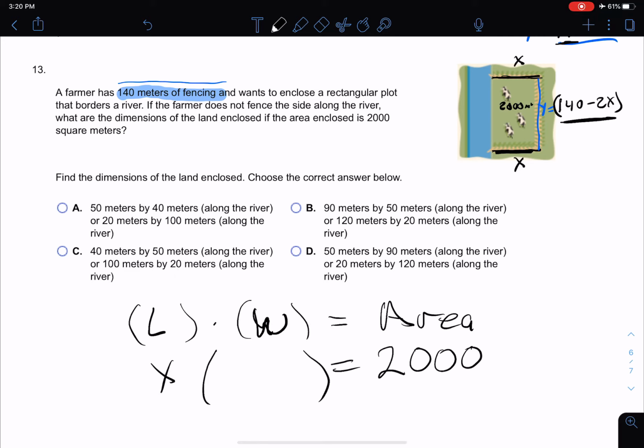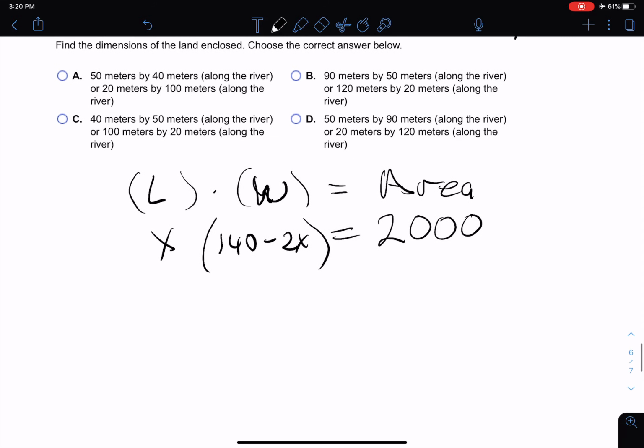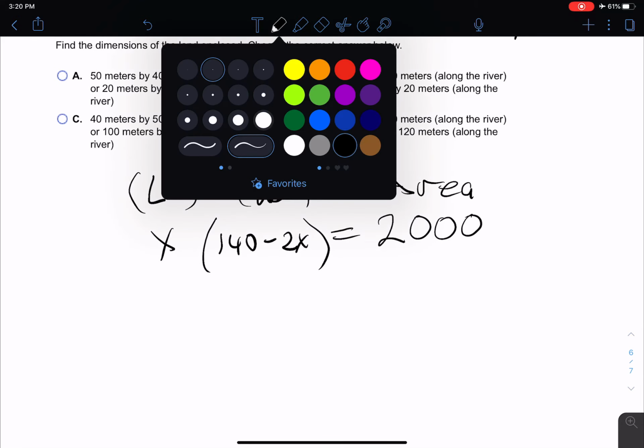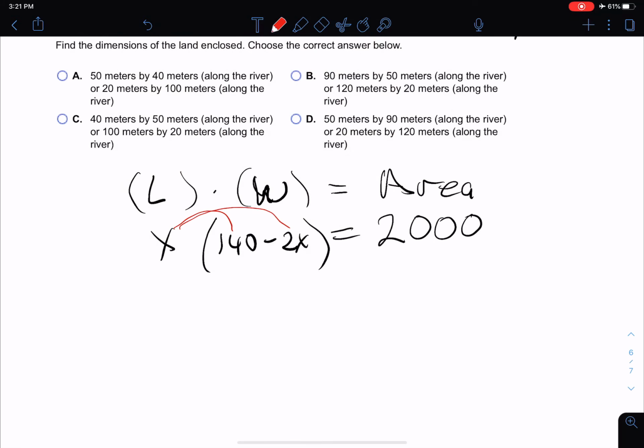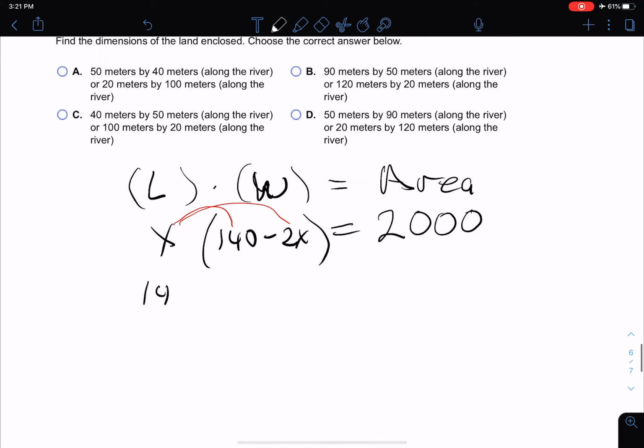I can actually write the width in terms of x. That's just 140 meters of fence minus 2x. So now I've got a quadratic, right? When I go ahead and distribute, what do I get? x times 140 is 140x. And x times negative 2x is negative 2x squared equals 2,000.